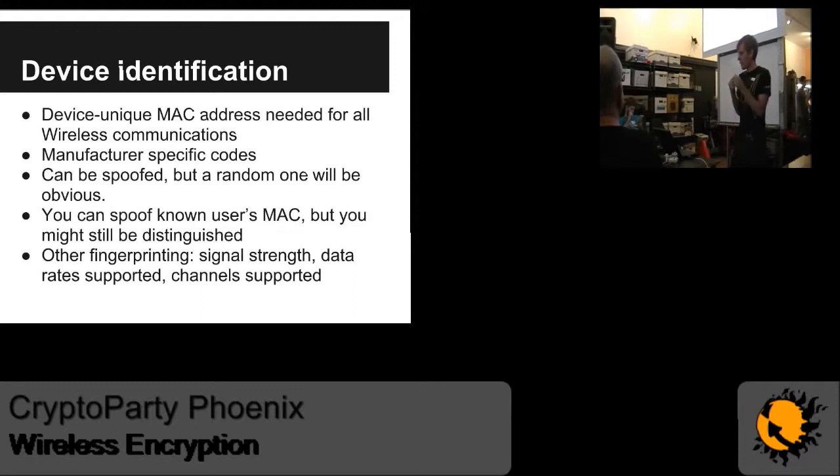But for MAC addresses, part of the MAC address is a manufacturer prefix. So all of the Cisco devices have MAC addresses that start with these 4 or 5 hex characters. And a sophisticated attacker can very easily tell what is a real and not real MAC address.